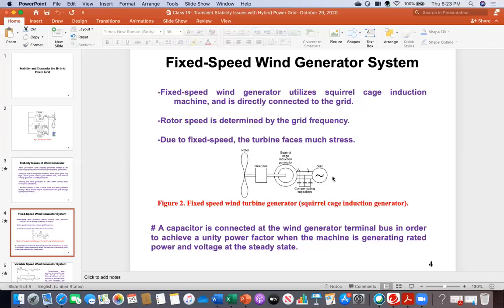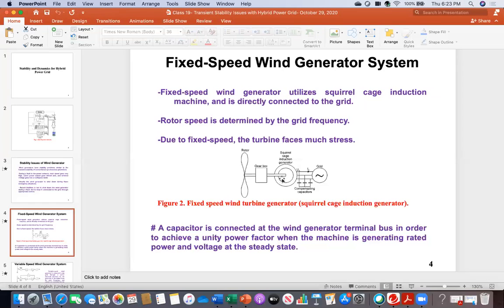Because the customers will be connected at the grid side and the customer requires 60 hertz frequency, you have to maintain a constant speed. And that is the reason, and the name goes accordingly, fixed speed wind generator system. Whatever the wind speed is here, it is increased, and with the help of a mechanical control system, that fixed speed is maintained.